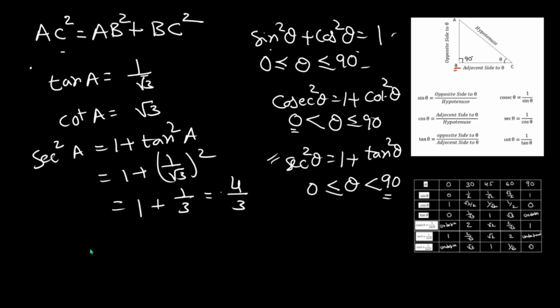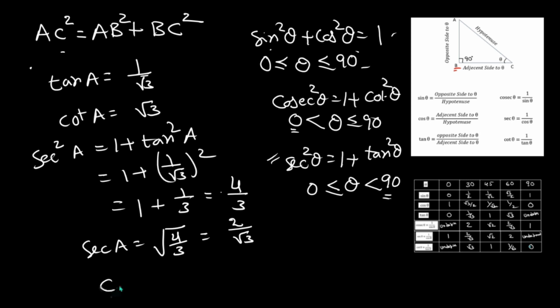So secant A is the square root of 4 by 3, that is 2 divided by root 3. Now we know secant A is 2 by root 3.